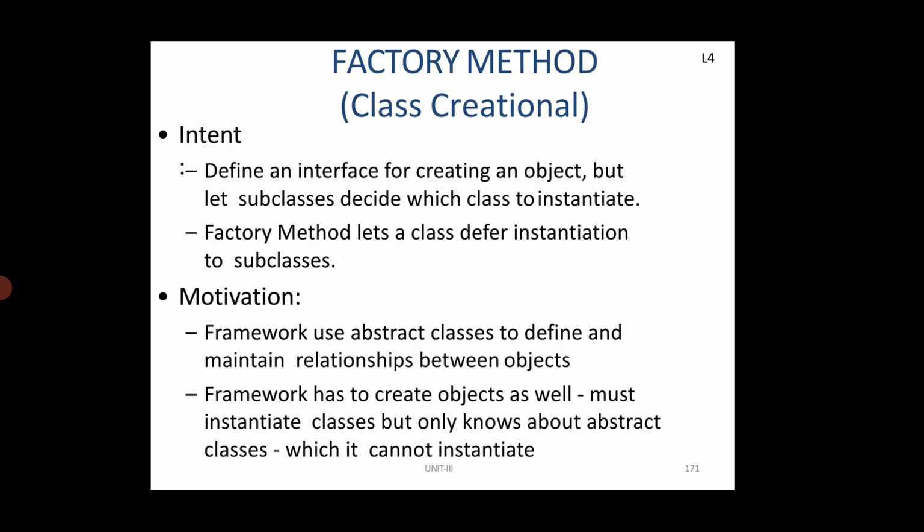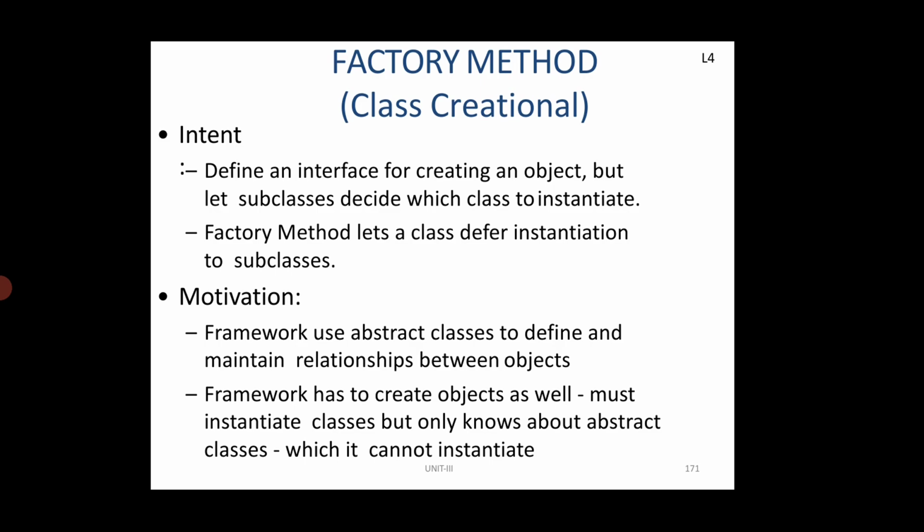It must instantiate classes, but it only knows about abstract classes, which cannot be instantiated. What is the meaning of this point? Coming to the framework, as I said, it is just like a template, and here we can use abstract classes.